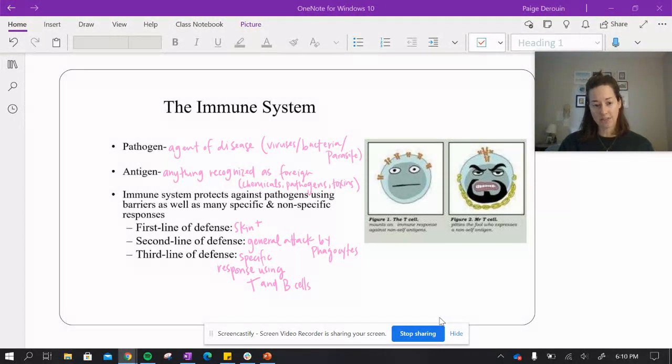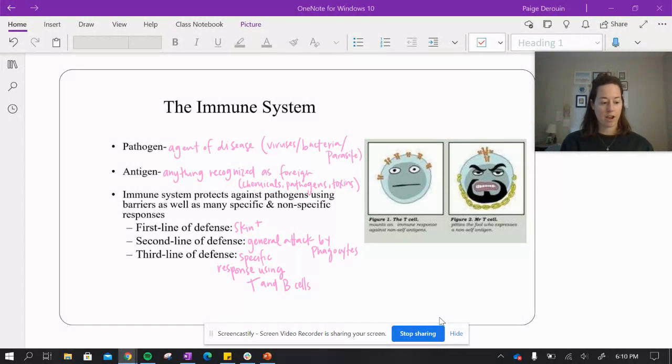And then after that, you have a second line of defense, which is just going to be a very general attack mostly by phagocytes, which are cells whose job it is to eat invaders. There's many different types: neutrophils, monocytes, cells called natural killer cells that will just spray a toxic chemical over everything that's infected, and it will even kill your own cells.